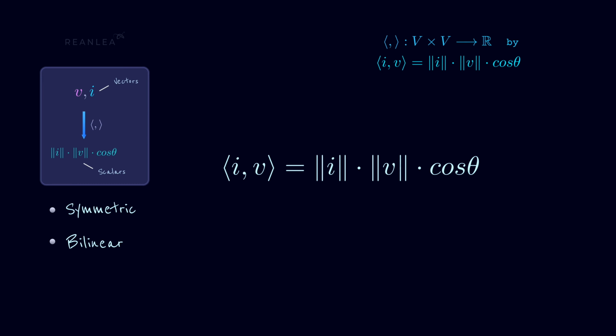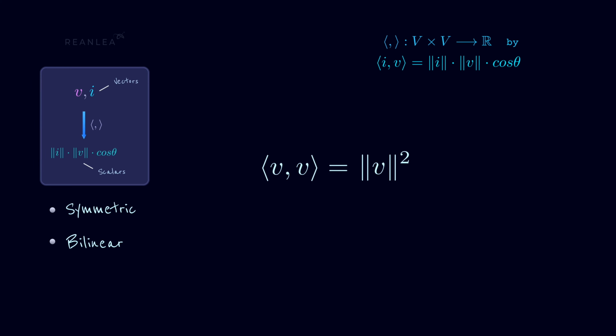Now if we consider the inner product of the vector V with itself, then we will have the inner product of V and V is norm V times norm V cos 0. Now as cosine at 0 is 1, the inner product of V with itself is norm V times norm V, that is norm V squared, which is non-negative.